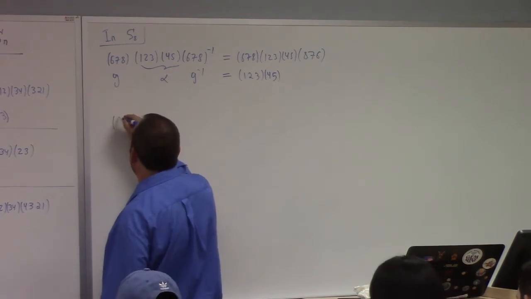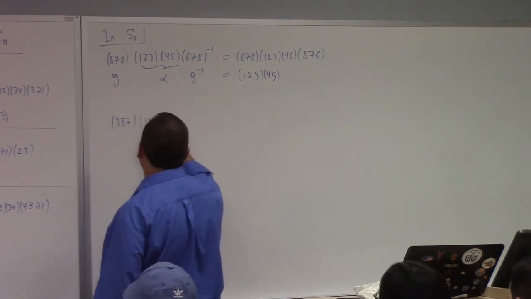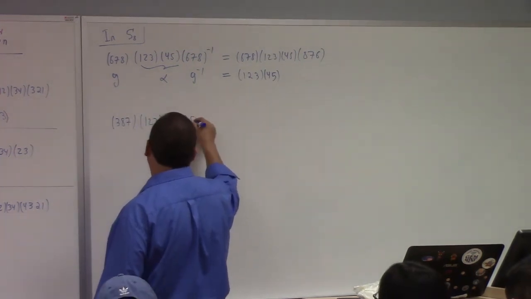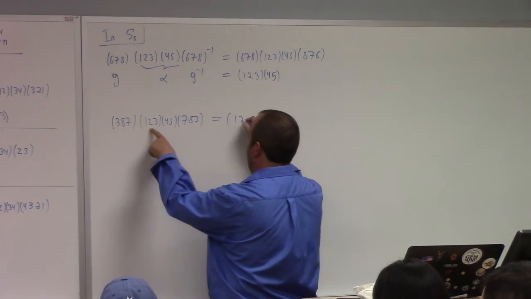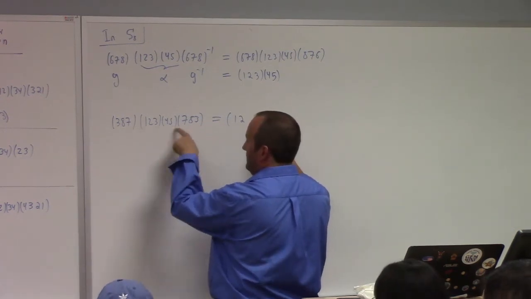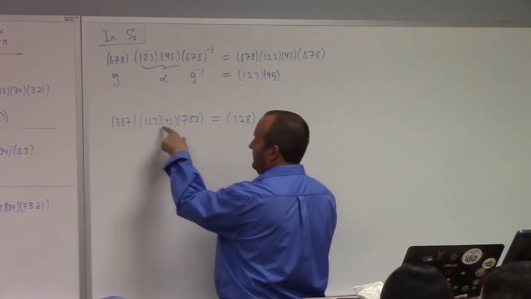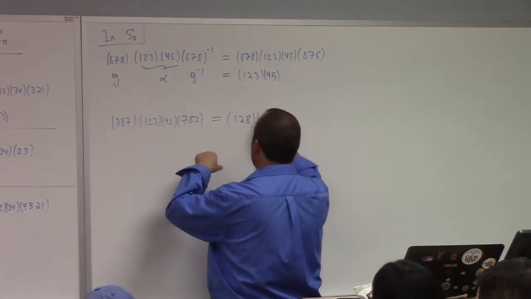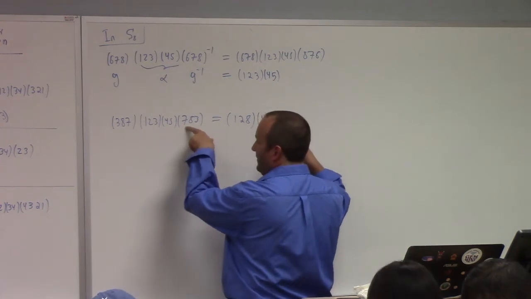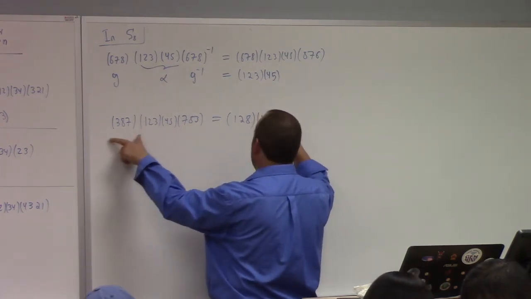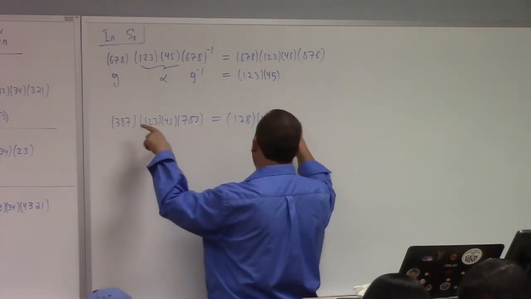If I was to do 3, 8, 7, 1, 2, 3, 4, 5, 7, 8, 3, what would that work out to? 1 goes to where? 2. 2 goes to 3, 3 goes to 8, and 8 goes to 3, which goes to 1, so we close the cycle. And then what's next? Well, 4 maybe? Where's 4 go? It goes to 5, and 5 goes back to 4, like that.